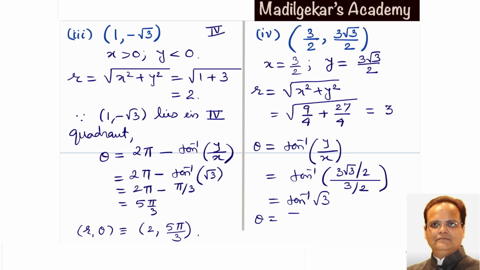Tan inverse of root 3 means pi by 3. So the required polar coordinates r comma theta are 3 comma pi by 3. So this completes examples based on polar coordinates.